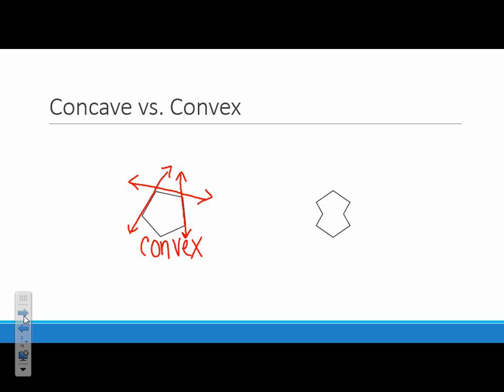Whereas on this other diamondy looking shape over here, we have some caving in happening. So this shape is concave. If I extend some sides here, you'll see that my extended sides cave into the shape. See that? That red line went inside the shape. That's a concave polygon. Many of the polygons we're going to work with are the convex type.